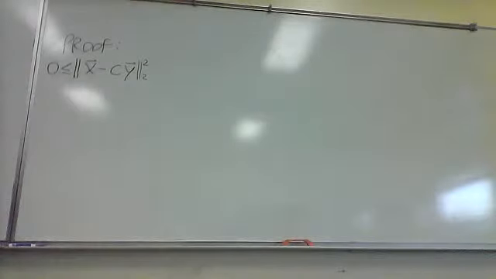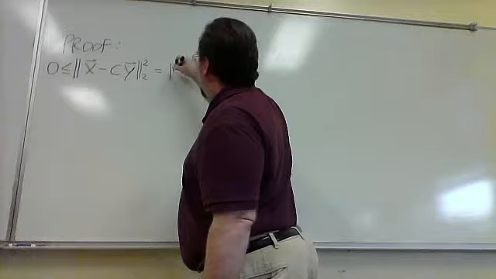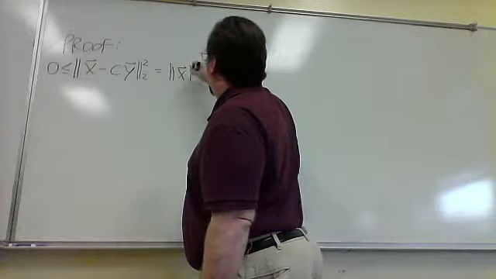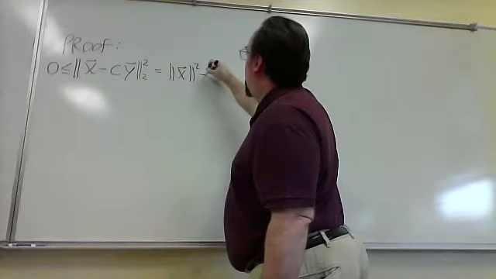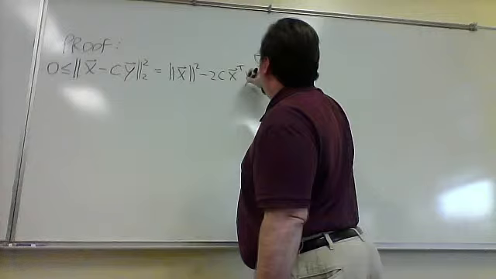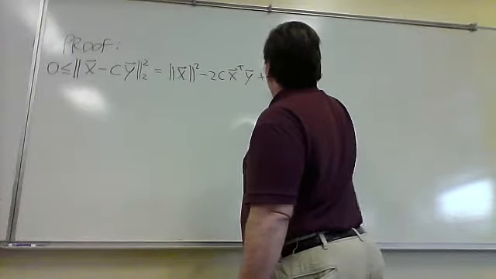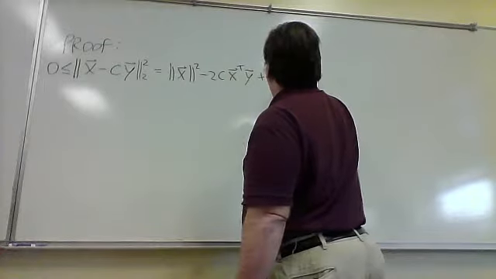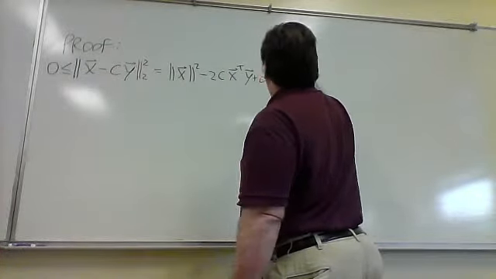So using the properties of the dot product, I can then expand this. So this would be the 2 norm of x squared minus 2c x transpose y plus c squared times the 2 norm of y squared.